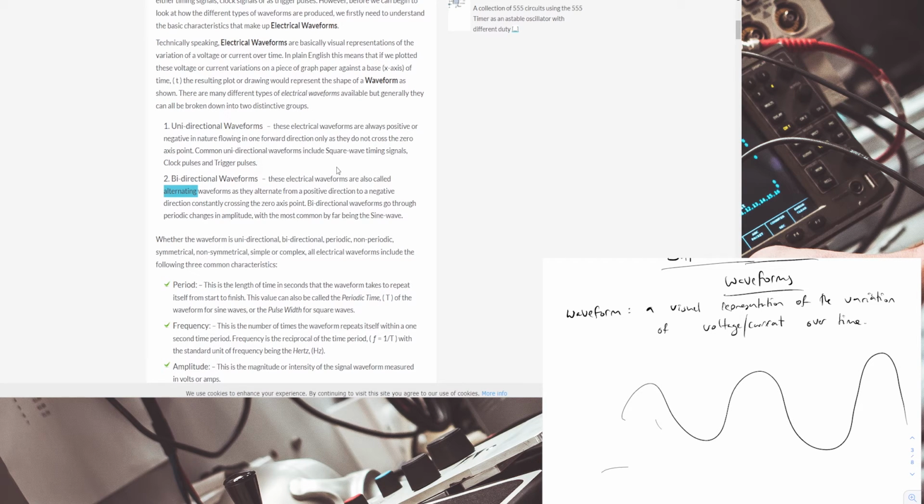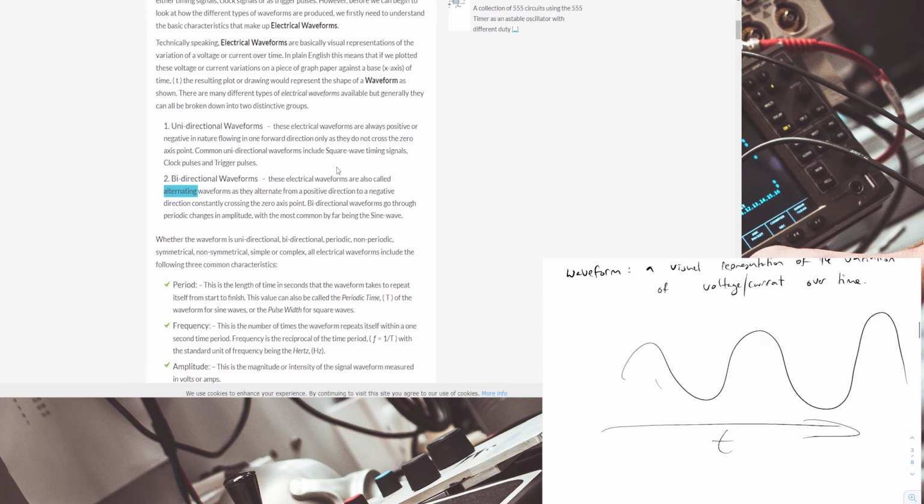This x-axis represents time. So you've got 5 volts, and then you've got minus 5 volts, and 5 volts, and so on. Got it. I'm quite comfortable with that.